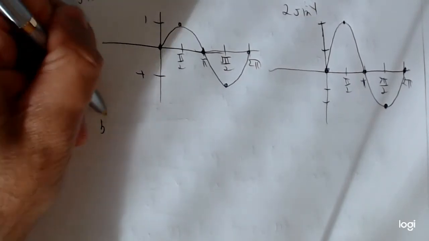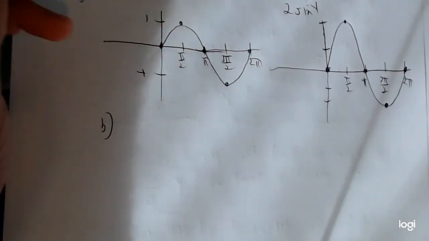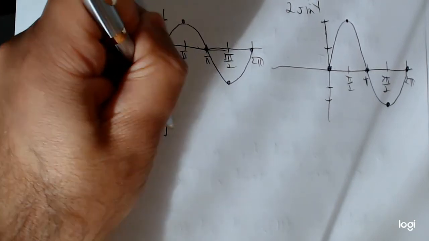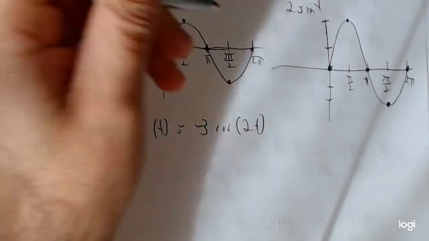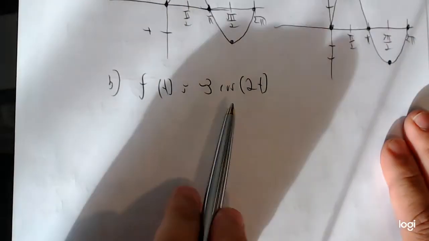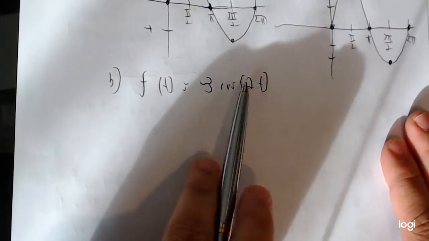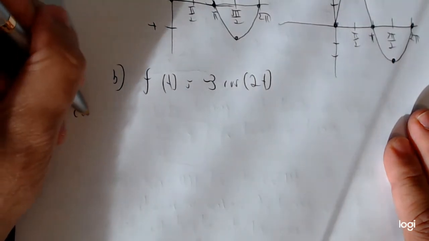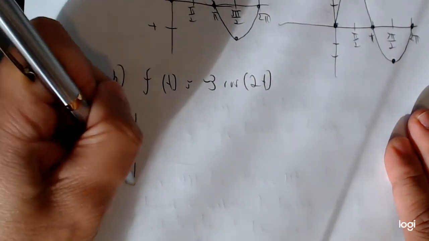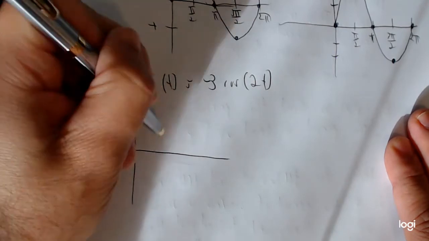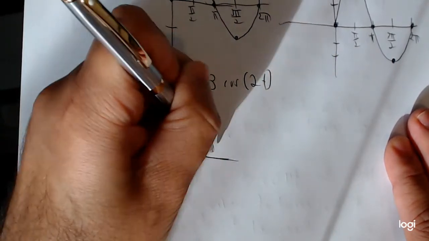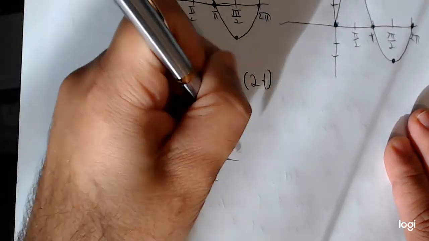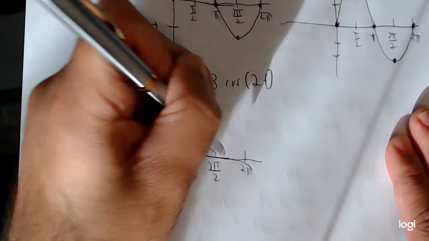the next one, b, which is saying f of t is equal to -3 cosine of 2t. Okay, so once again, instead of graphing -3 cosine of 2t all at once, I'll start off by graphing cosine of t, which then, if you remember, this was 0, pi over 2, pi, 3 pi over 2, 2 pi.